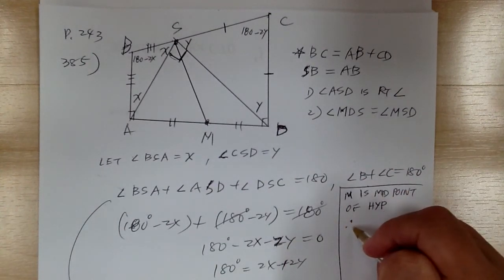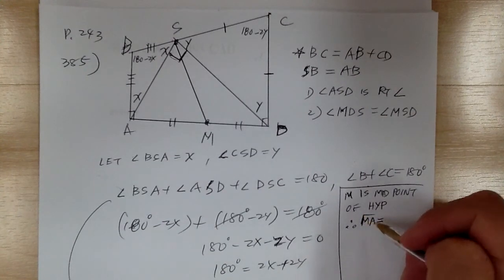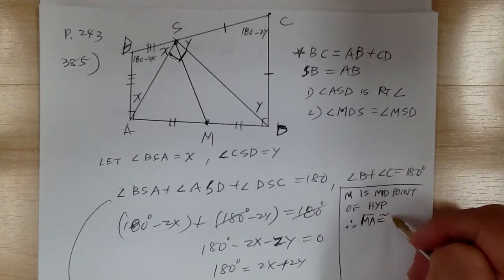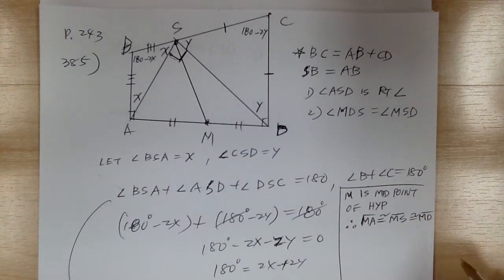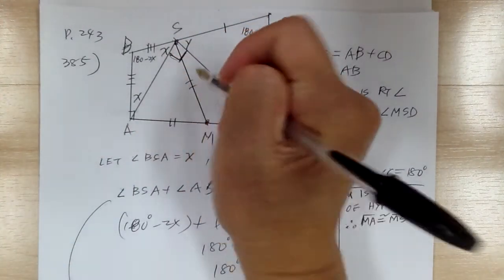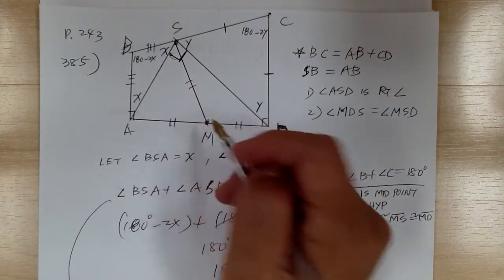So therefore, MA is congruent to MS is congruent to MD. So all this would be congruent, because again, according to the theorem, right?